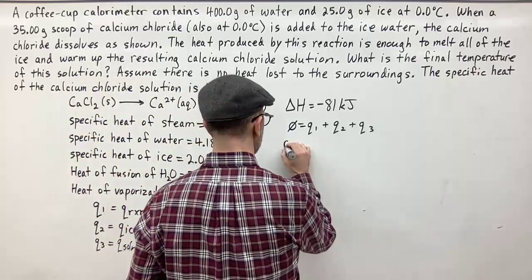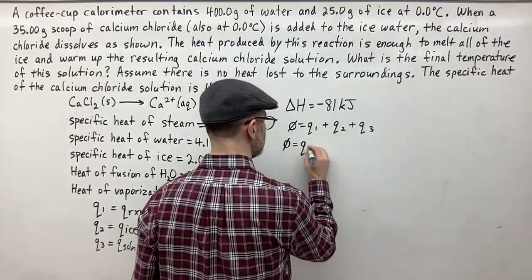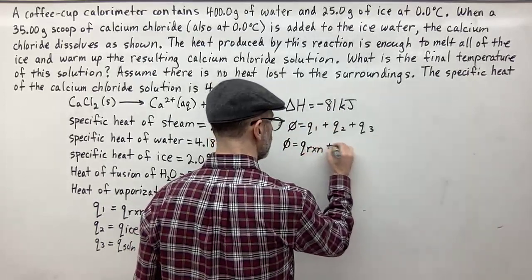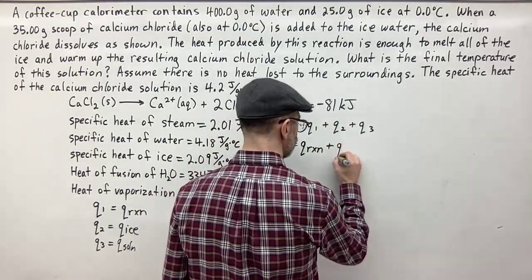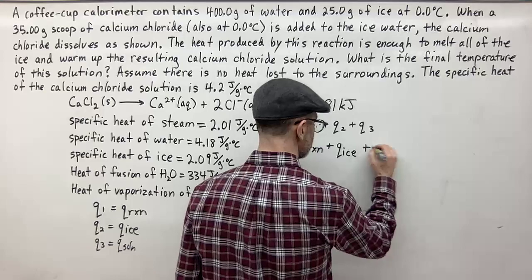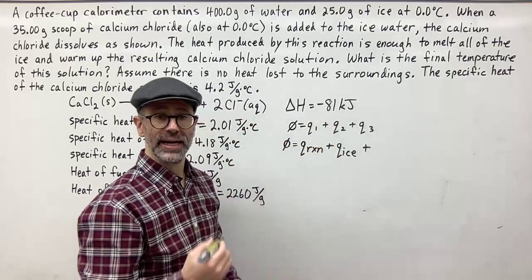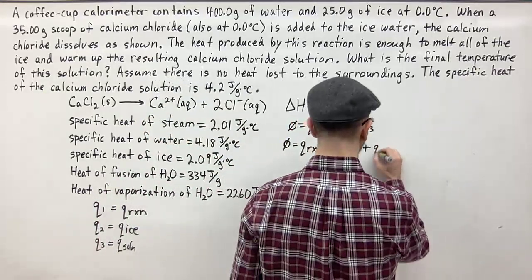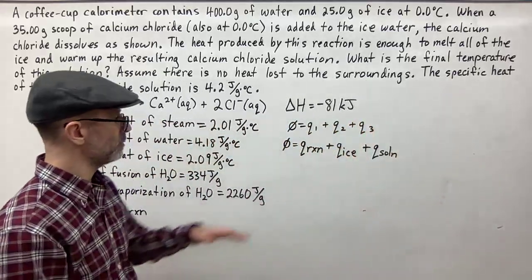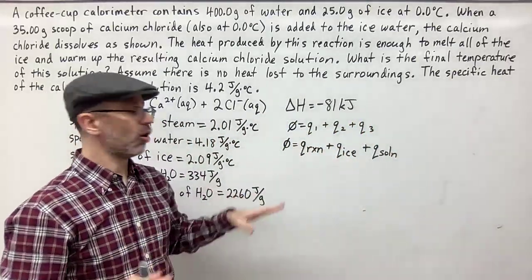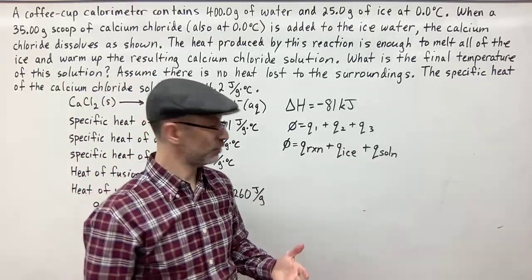So 0 is equal to Q1, which is Q of the reaction, that's the heat released by the reaction, plus Q2, the heat absorbed by the ice, so we're going to call that Q ice, and Q3 is the heat absorbed by the solution, so we're going to call that Q solution. Okay, I have my equation. Now all I need to do is figure out what formulas I need for each of these Q values.